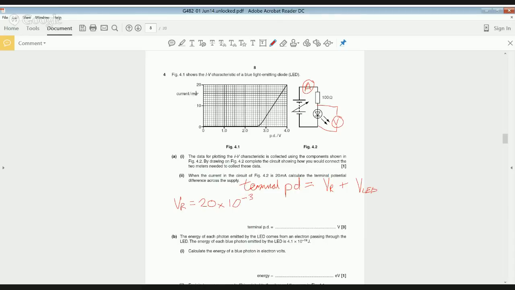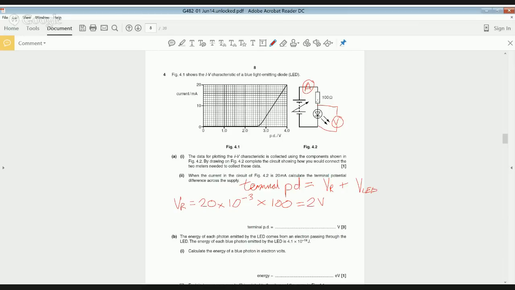Always, when reading graphs, look at the units on the axes, because it's very rare that current is measured in whole amps, because an amp is quite a significant amount. So in electronics, you'd usually be working in milliamps, and we need to reflect that in our calculations. So 20 times 10 to the minus 3 multiplied by 100 ohms gives us 2 volts. That's the potential difference across the resistor.